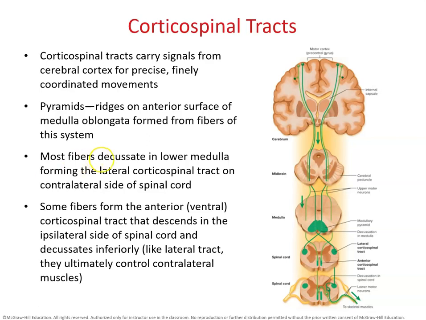Okay, so those are here, the pyramid structures on the medulla oblongata, and those are the fibers for the system. Most of the fibers decussate in the lower medulla and form the lateral corticospinal tract. So this is that contralateral side that we talked about earlier.